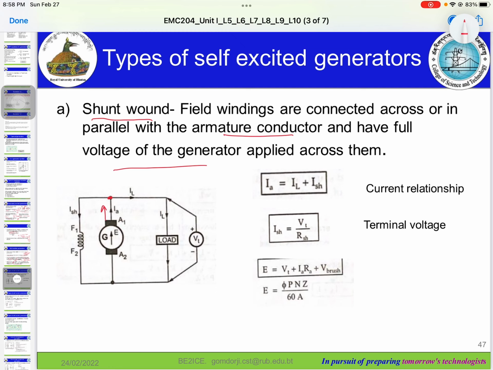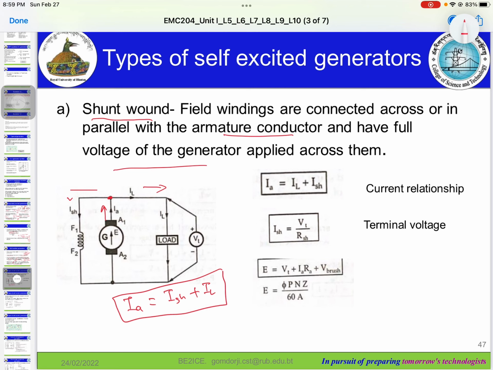One is coming from the armature, another is outgoing to the field, and the third one to the load. If you apply KCL at this point, your armature current IA is equal to the current supplied to the field plus the current supplied to the load. We are simply applying Kirchhoff's current law.